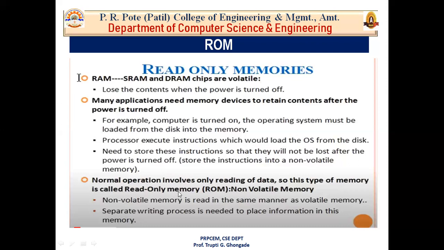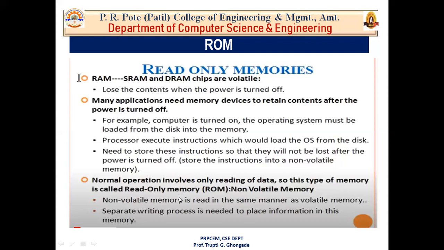So why is it called ROM, that is read-only memory? Because normal operations involve only reading of data. So this type of memory is called read-only memory, that is non-volatile memory. That means it comes under the category of non-volatile memory.